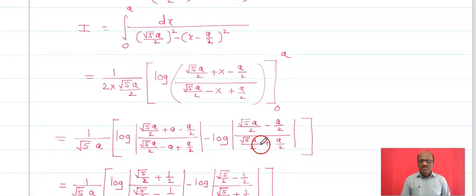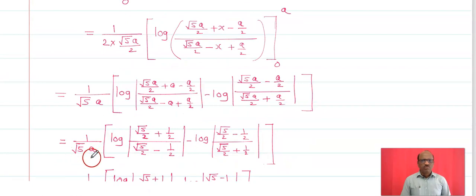And then evaluate this, that is 1 upon root of 5a log of root of 5 upon 2 plus 1 upon 2 upon root of 5 upon 2 minus 1 upon 2, minus log of root of 5 upon 2 minus 1 upon 2, this whole divided by root of 5 upon 2 plus 1 upon 2.